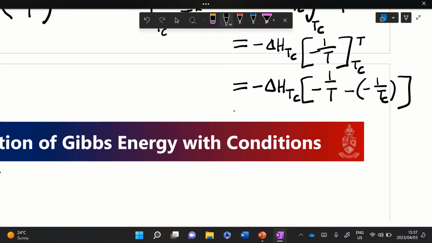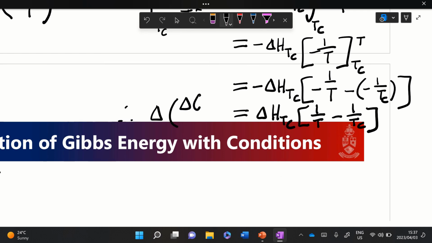It's your basic rule, so then let's take out the minus, so then this becomes plus delta H Tc times 1 over T minus 1 over Tc. And that is equal to delta G.